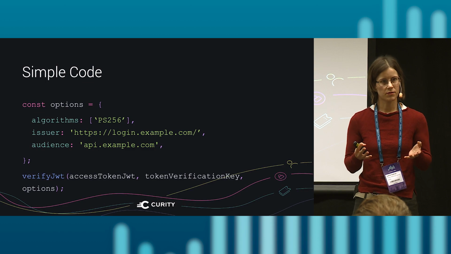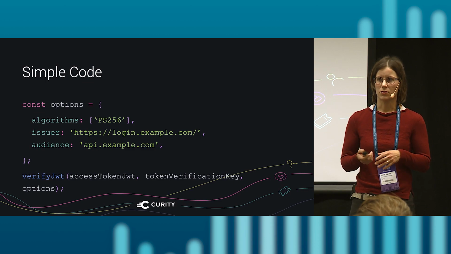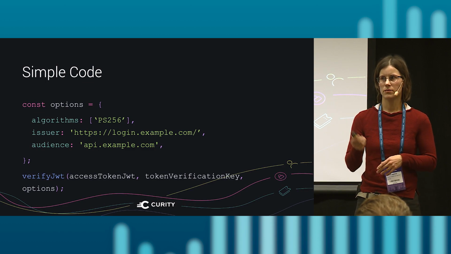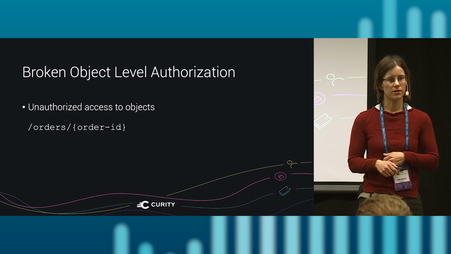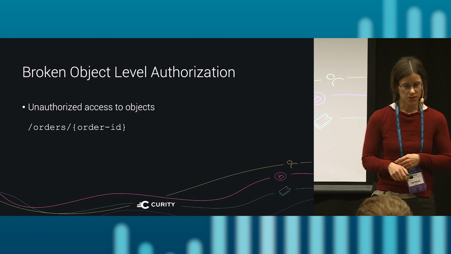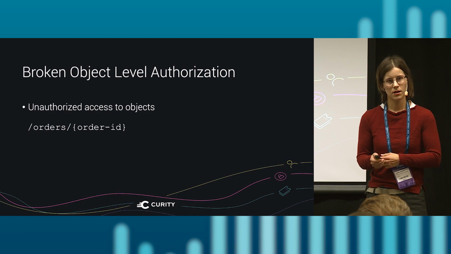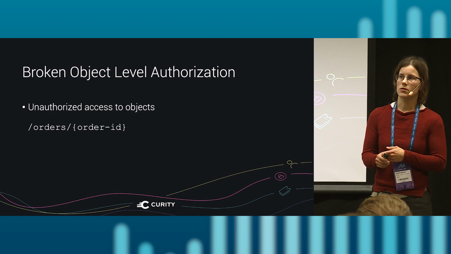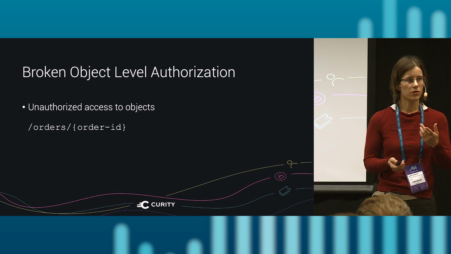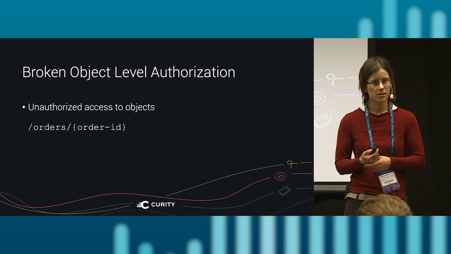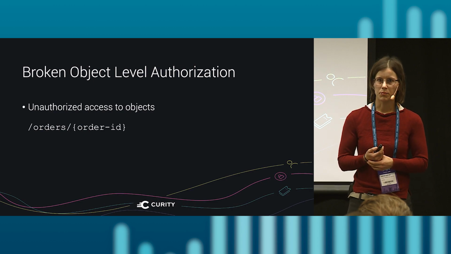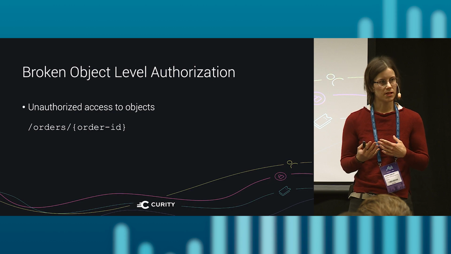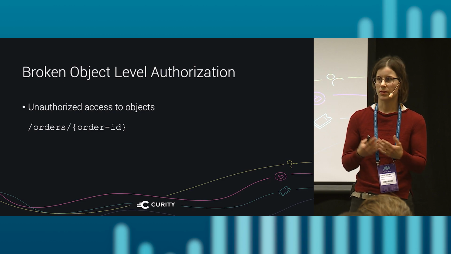And after successful validation, you can continue with the authorization, which brings us to the second risk, Broken Object Level Authorization. This occurs when users get unauthorized access to objects. And this can happen when object IDs get manipulated when they're sent with a request.